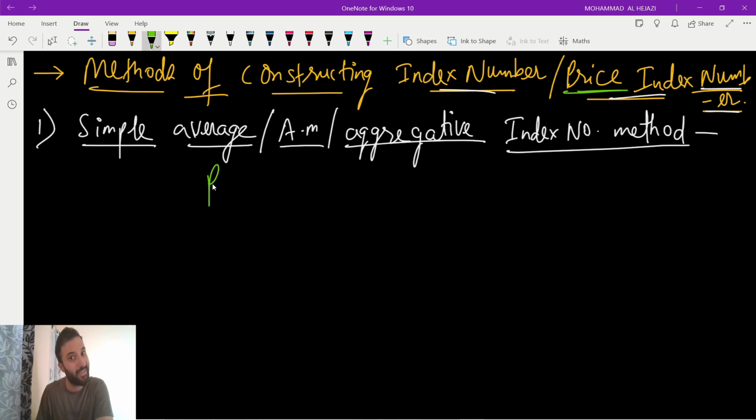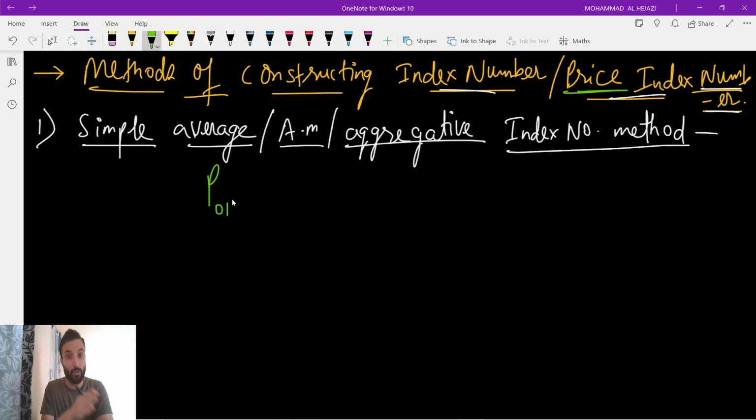So price is P, and what we will compare? We will compare from base year to current year, previous year to current year. So 0 to 1, 0 to 1. We will not compare from current year to previous year. So that's why 0 to 1 every time.